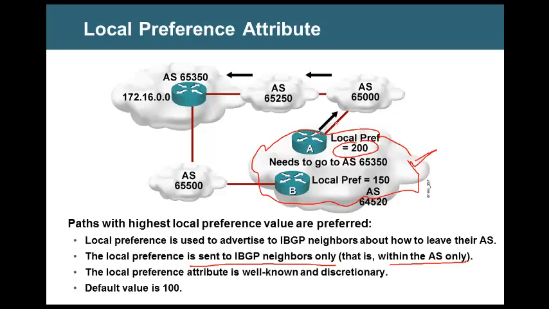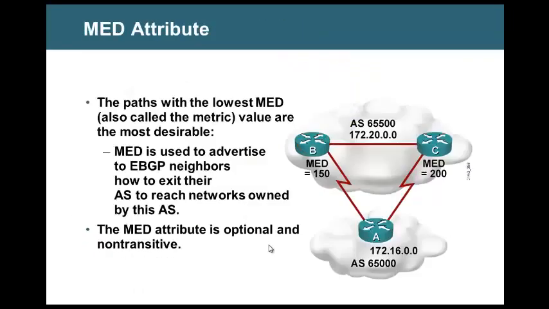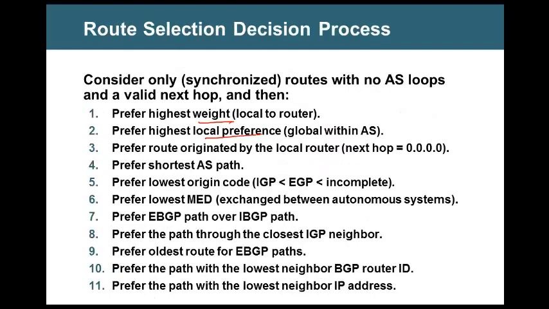If this direction neighbor has more local preference, or if this router has more local preference, then that router will be preferred to go instead of going like this. Why does local preference come into the picture? Because that is there in the order, second.